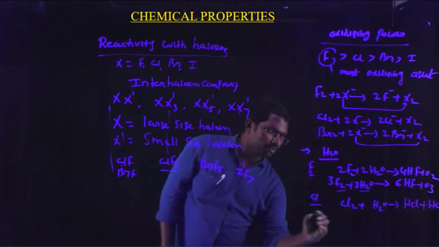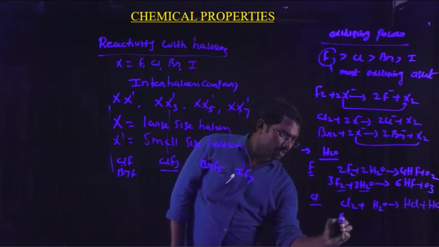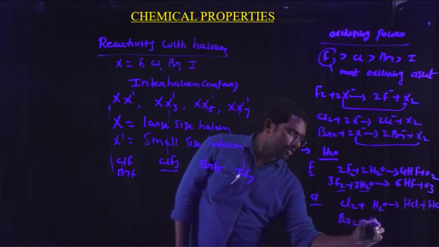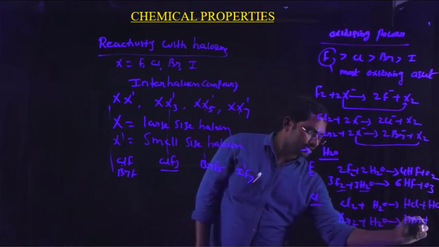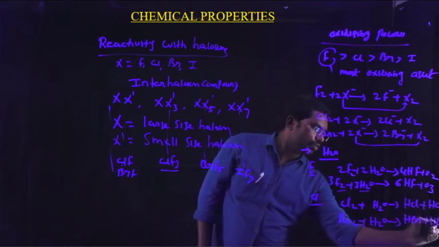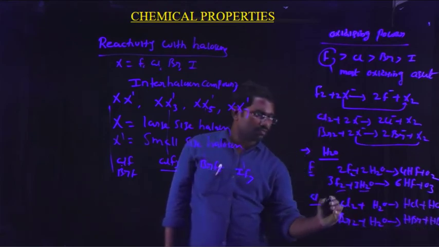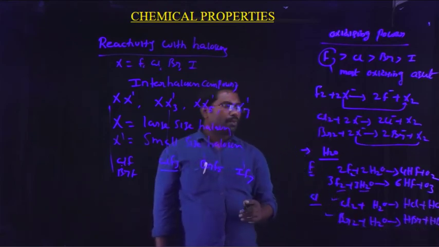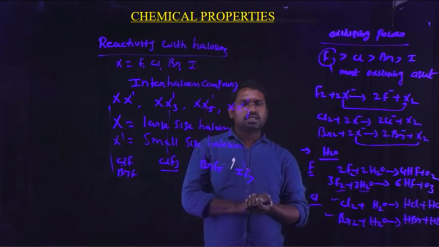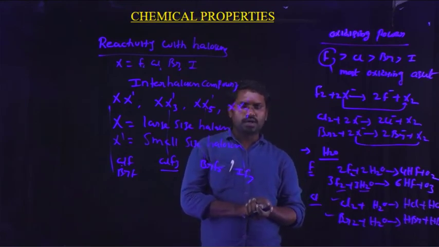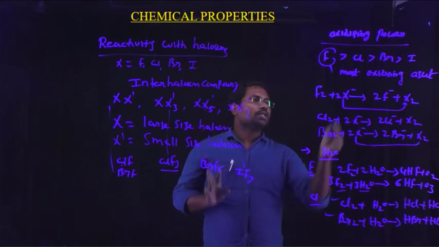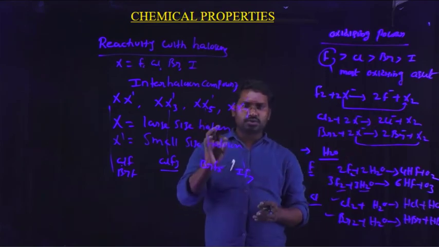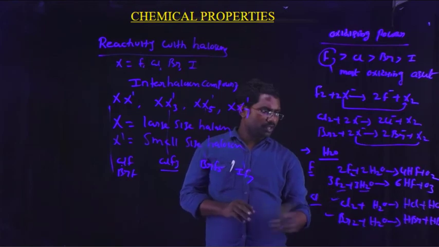In case of bromine, Br2 reacts with H2O, it gives rise to HBr plus HBrO. So this is for chlorine and bromine. The ability of the oxidizing power of halogens depends mainly upon 2 points. Point number 1 is that halogens replace the halide ion into halogen, and the next one is their reaction with water.